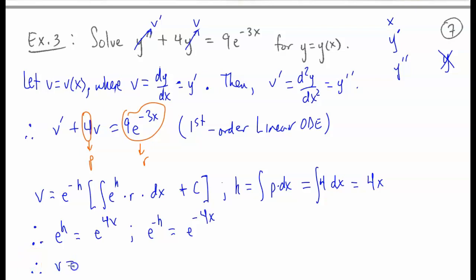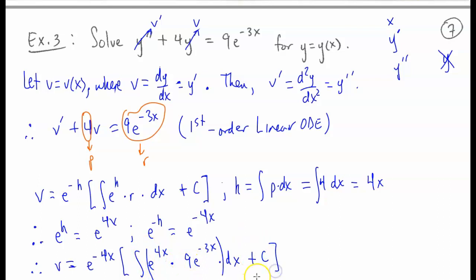And from that, v now is just going to be equal to e raised to the negative 4x, all that times the integral of e raised to the positive 4x times, now we take our r here, which is 9e raised to the minus 3x times dx. So all of this is in this integration here, and then we do the plus c, have all that stuff inside the brackets because we're going to have to multiply all of that by e raised to the negative 4x.